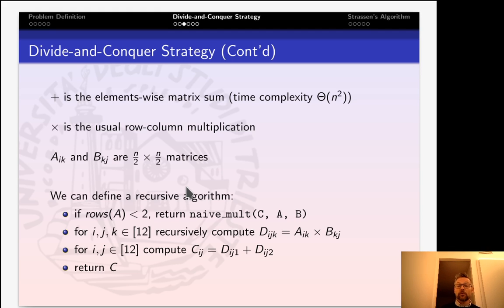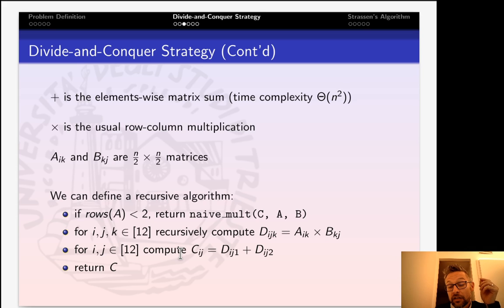So, as said, we can define a recursive algorithm whose recipe is the following one. If the rows of A are fewer than 2, so if A contains exclusively one element, we can apply the naive multiplication algorithm.